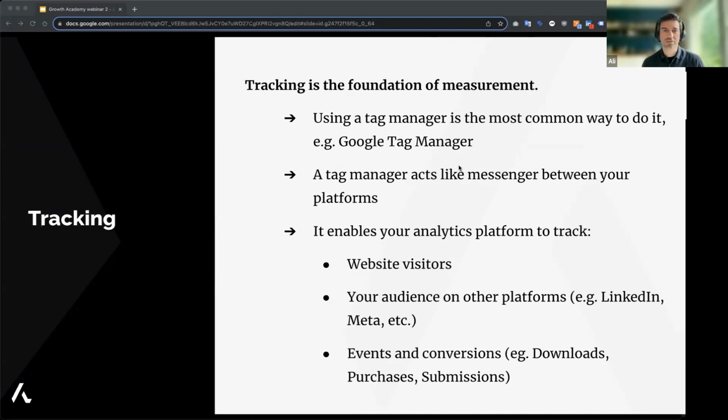For example, Google's tag manager you can use, which acts like a messenger simply between your analytics tool and other platforms. This will enable you to simply monitor your website visitors, monitor your audience on other platforms, and also monitor all the events your visitors take and the conversions on your website, such as downloads, purchases, or submissions.